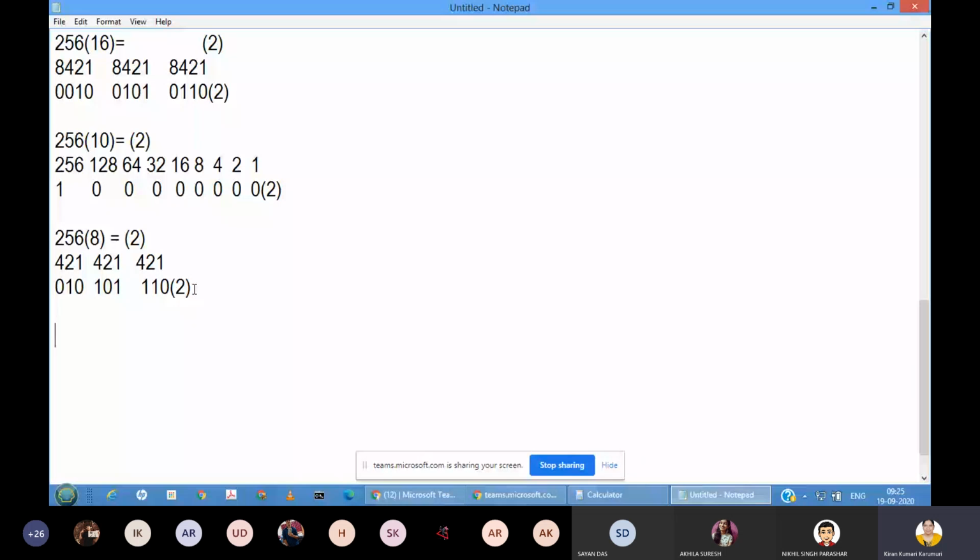Right. So now we will do binary to octal conversions.